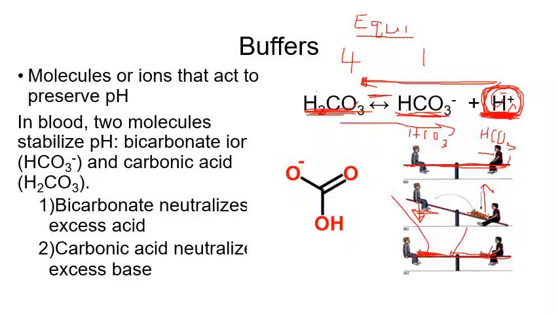So that is how a buffer system is working. You keep high amounts of a weak acid and high amounts of a weak base, and so the changes in this determine which way the rate of reaction is going to go, and that allows us to buffer out changes in this carbonic acid.